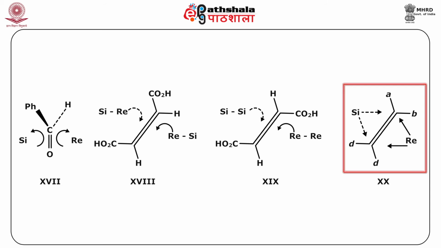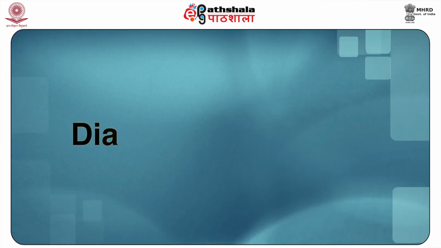Olefins of the type 20, in which one terminal contains two equivalent ligands, require, however, only one symbol, Re or Si, depending on the priority order of A, B and the double bonded carbon with the D2. In the figure, the priority order is A greater than B, which is greater than the double bonded carbon atom.